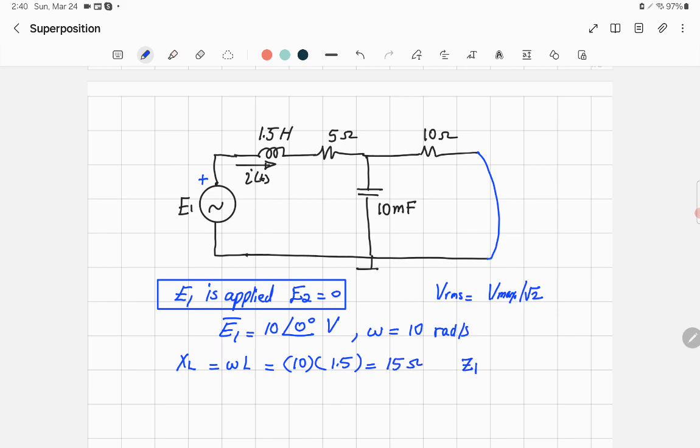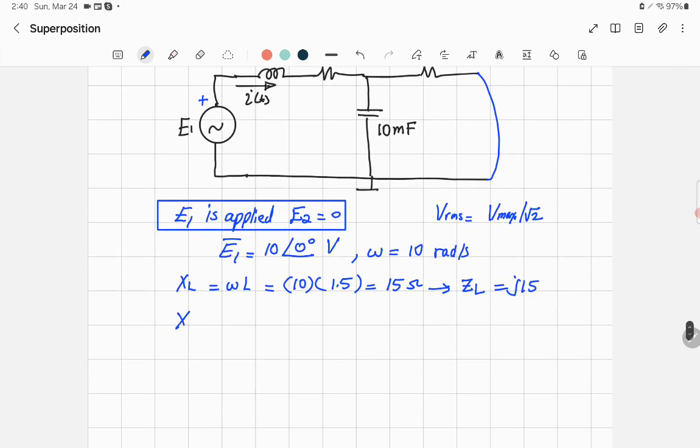So accordingly, we can say that the impedance of the inductor is equal to j15. XC is equal to 1 over omega C. Omega is equal to 10, and C is equal to 10 millifarad. So 10 times 10 to the negative 3 will be equal to 1 over 10 to the negative 1, means equal to 10 ohm. Accordingly, I can find ZC is equal to minus j10.